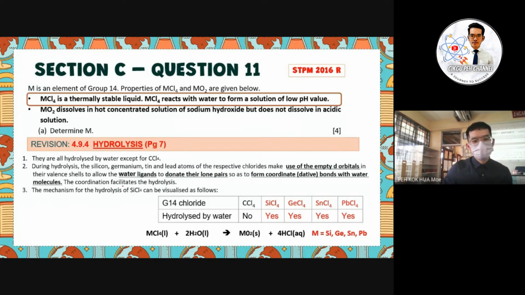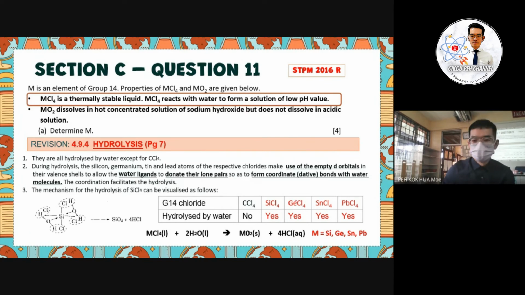The coordination facilitates the hydrolysis. So that means they need an empty d orbital to undergo hydrolysis. So here is how silicon tetrachloride undergoes hydrolysis.